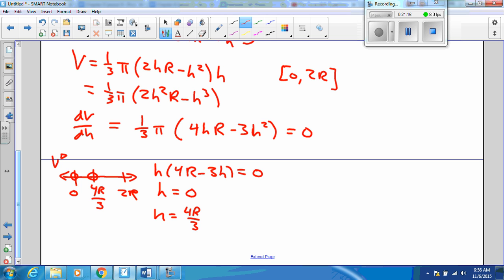R works. That's 3r over 3, and so it's between 0 and 4r over 3. So when I plug in r into my factored form of the derivative right here, I get r times (4r minus 3r), which is going to be a positive value. Everybody see how I did that there? Yes, no?